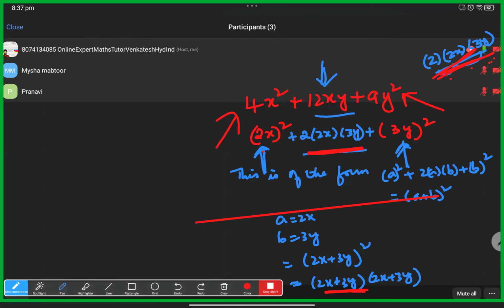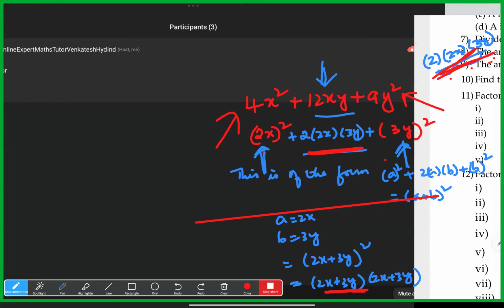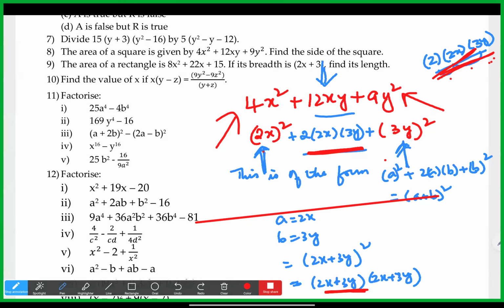I check 2 into 2x into 3y, that will come equal to the middle term, and directly we'll say that this is of the form a square plus 2ab plus b square, which is a plus b whole square, 2x plus 3y whole square, so the side is 2x plus 3y.